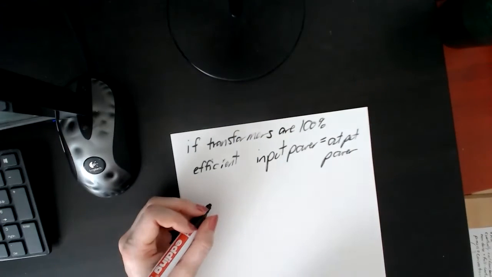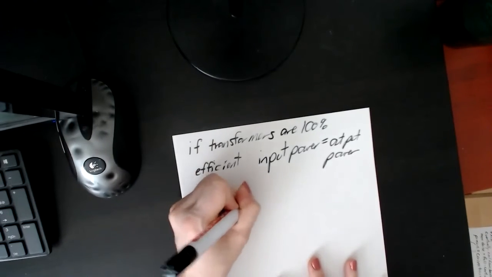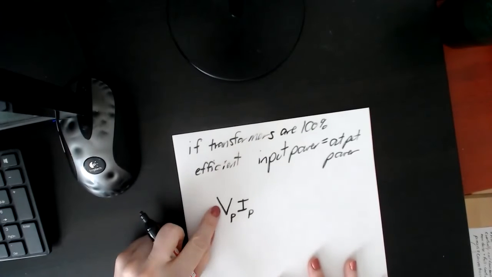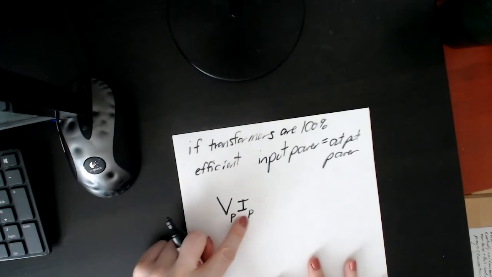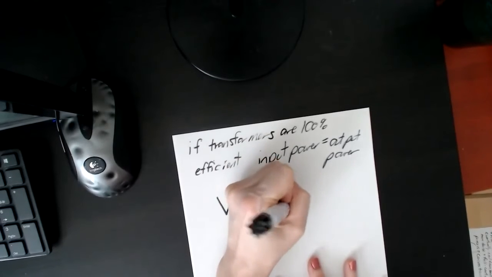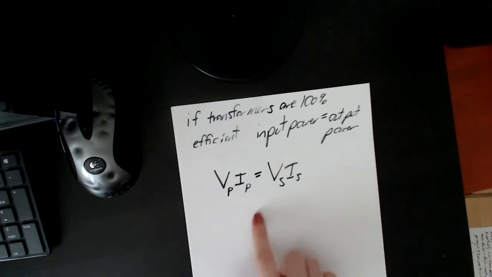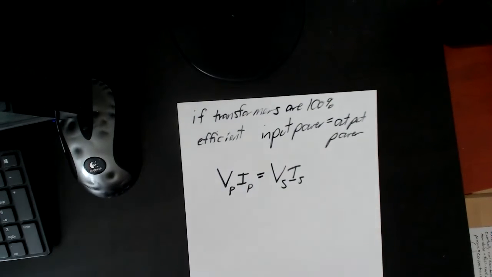So we say that the voltage times the current of the primary has to equal the voltage times the current of the secondary. You do need to have this memorized. This is another equation that you should have memorized from this unit.